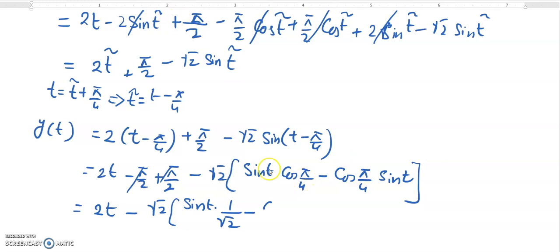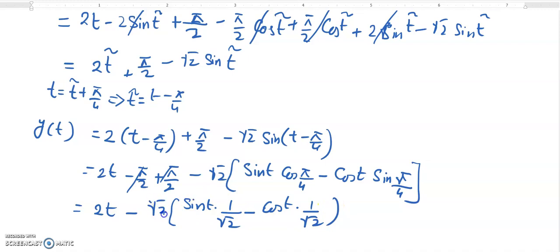So it will be sine of t times 1 over under root 2 minus cosine of t times 1 over under root 2.